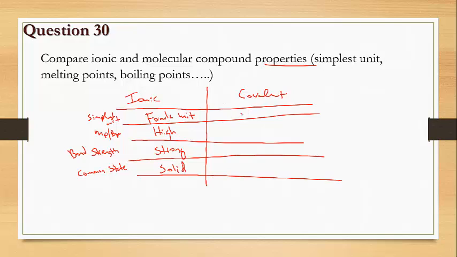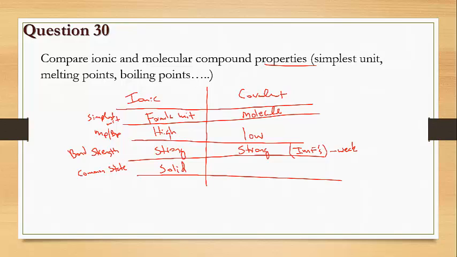All right, on the covalent side, we have the molecule as the simplest unit. The boiling points and melting points are going to be low. Now, on the bond strength, remember that the bond strength within the molecule itself, intramolecular, is actually fairly high. It's strong. But if we're looking at those intermoleculars, those IMFs, those are the ones that are fairly weak.